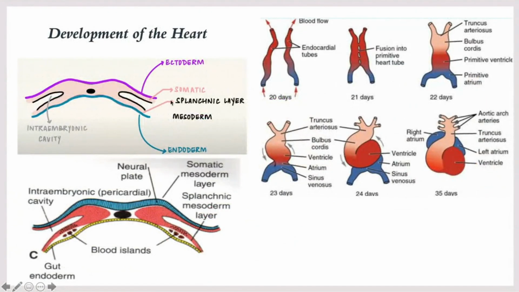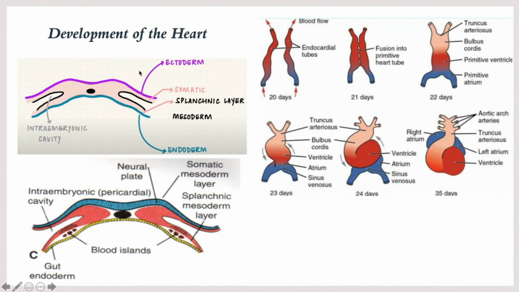Okay. So the heart develops from the lateral plate mesoderm. Now this lateral plate mesoderm is going to develop these cavities or these holes that are going to form the intraembryonic cavity. As you can see, these are holes, okay?